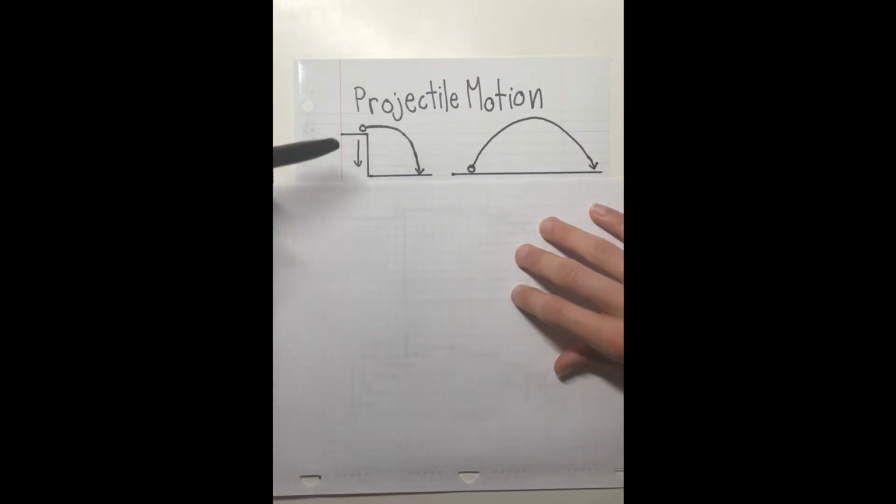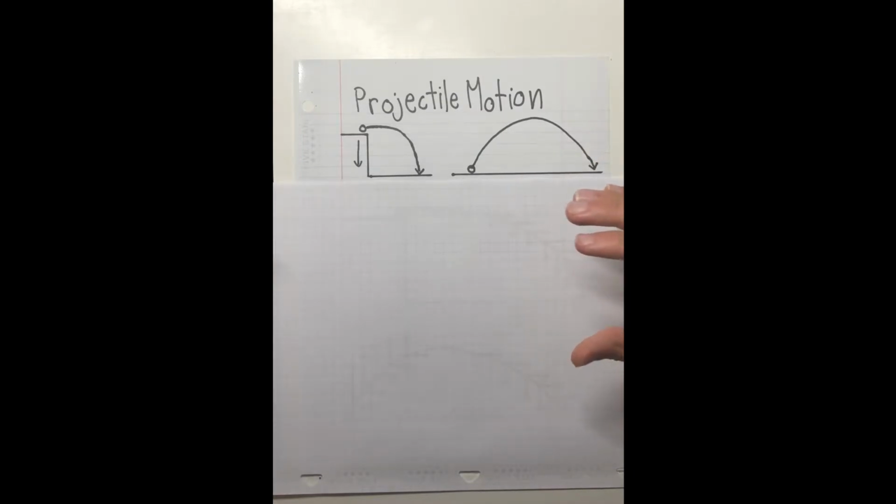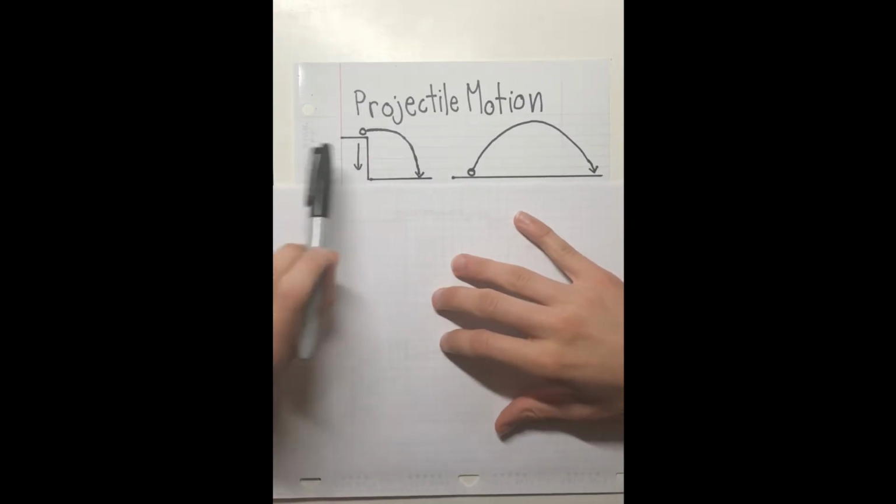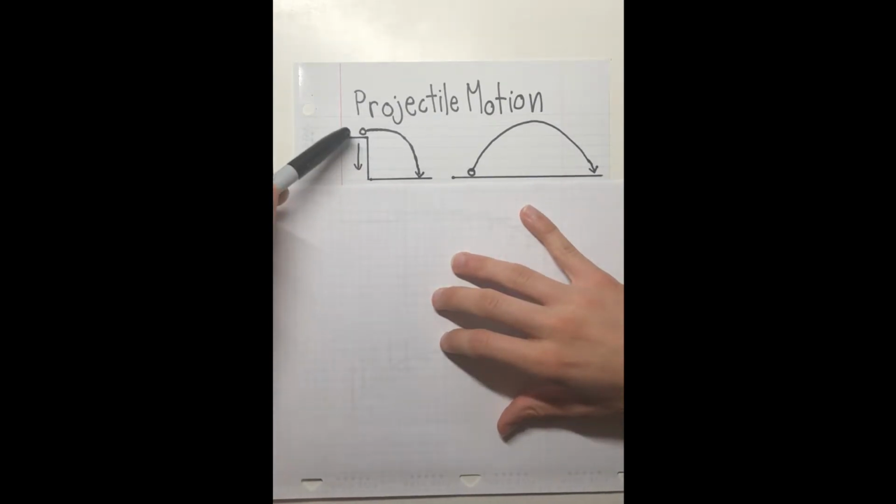So a great way to really think about splitting this up into its integral parts would be to imagine that you're looking at this ball through a slit.